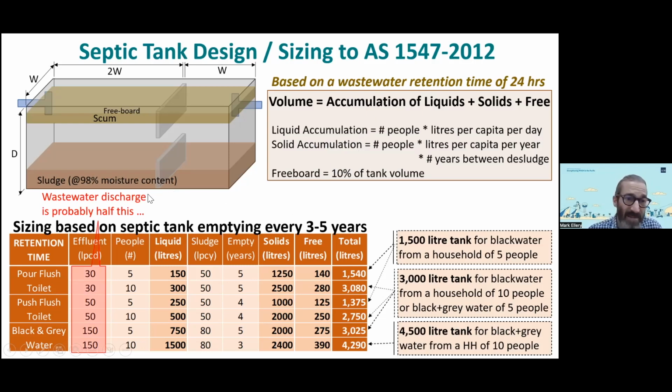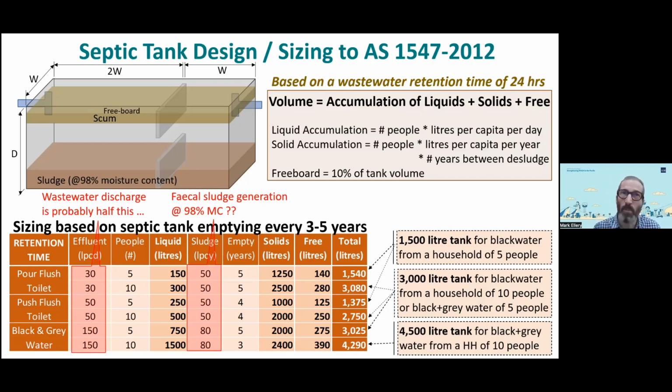Based on the Australian standards, we assume 50 litres per capita per day for black water and 150 litres per capita per day for black water plus grey water, assuming 98% moisture content, which gives us roughly 50 litres per capita per year accumulation of sludge, and 80 if we're putting in grey water as well, because black faecal sludge is about 50 litres per person per year.